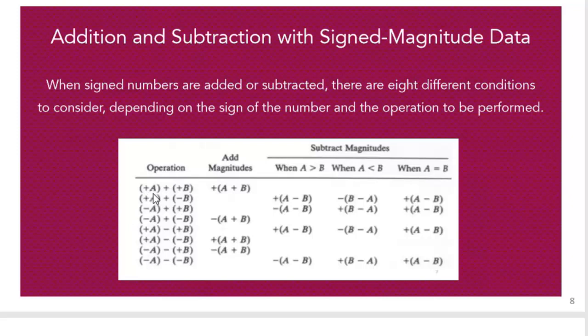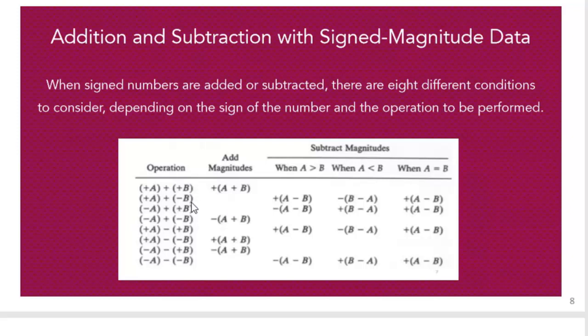Here, firstly, A is of positive sign and it is being added with B positive. That means both the numbers have a positive sign and they are being added. So the final result will be the addition of both the numbers with a plus sign. Similarly, in the second operation, you can see the second number has a negative sign.